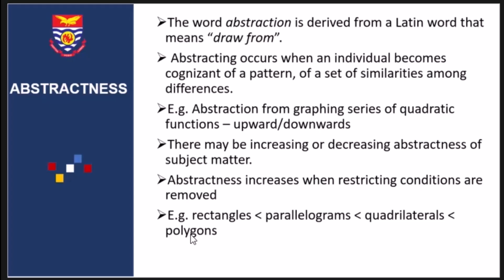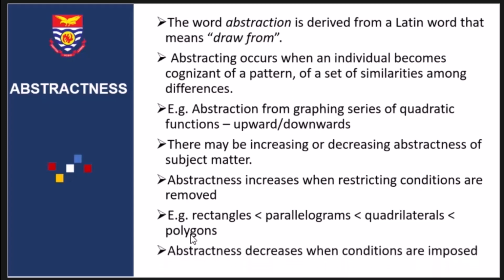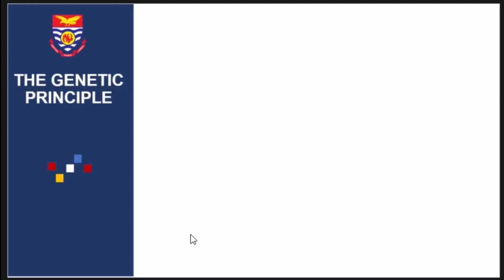So when you remove a restricting condition, it becomes an increasing abstractness. And when we say decreasing abstractness, it is when you rather impose conditions, when more conditions are imposed, then the abstractness is decreasing.